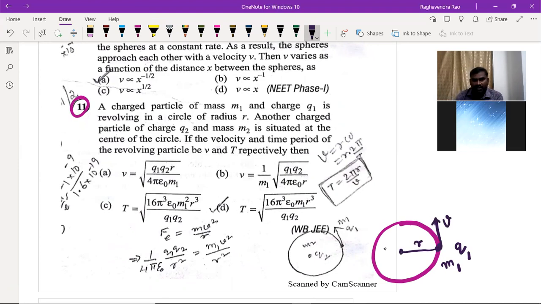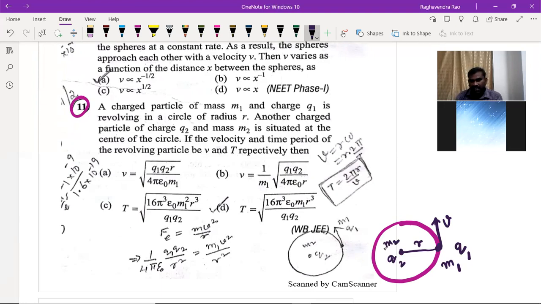Another charged particle of charge q2 and mass m2 is situated at the center of the circle. Now at the center, q2 charge is placed, of mass m2.